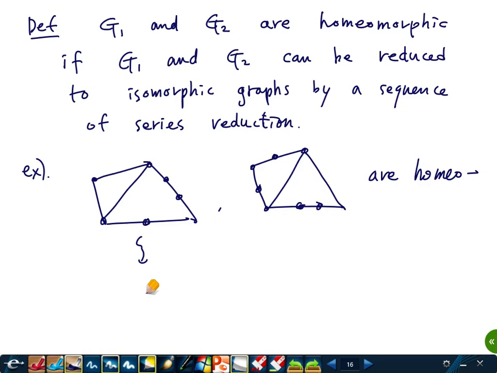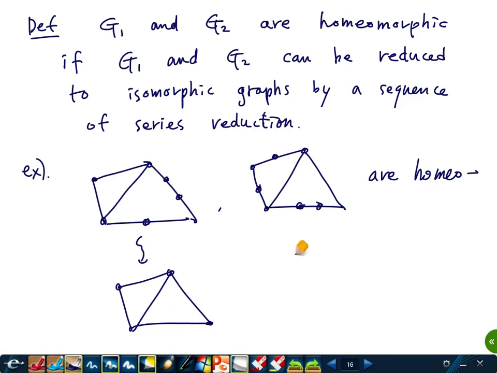Wait, maybe I'm doing this backward. You can just remove these dots and then get this, right?